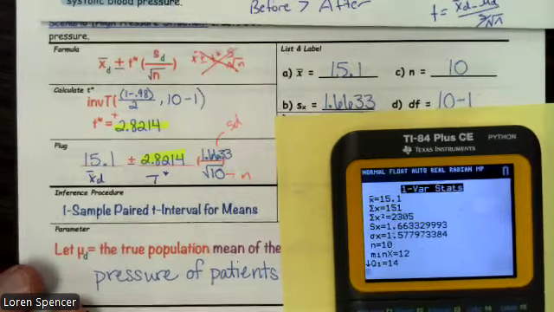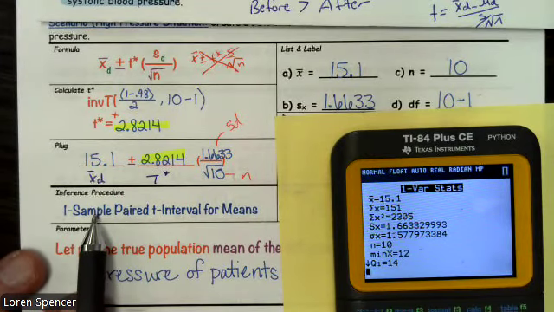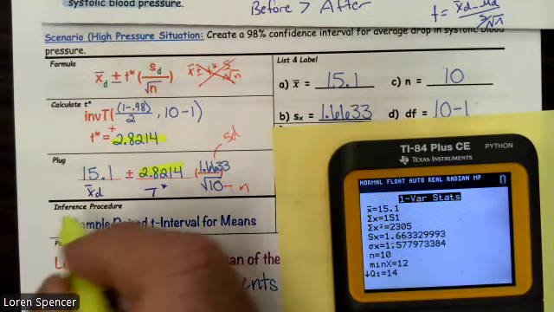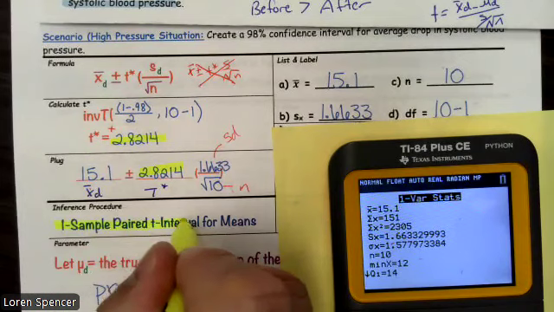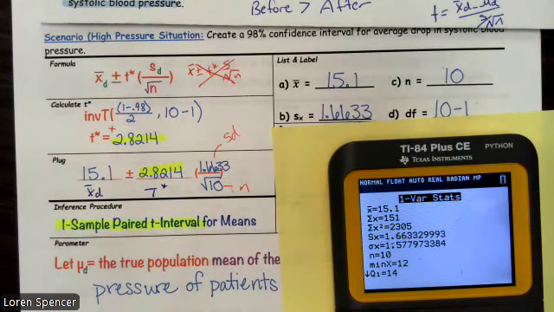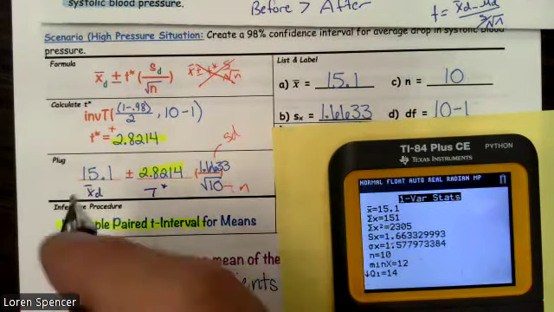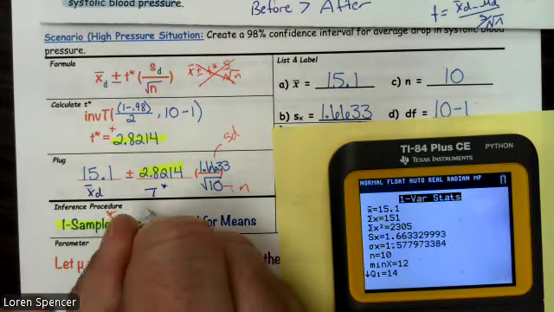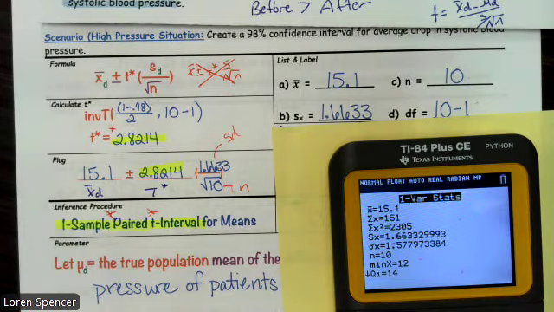All right, so that's all the information. We are going to run a one sample paired t interval. Very important that you use the word paired. It's technically a t interval for means, but what we're looking for is a one sample paired t interval, so stress that word paired.